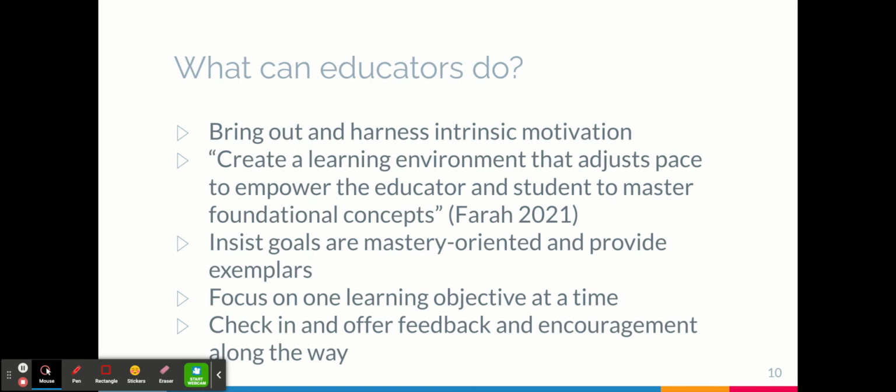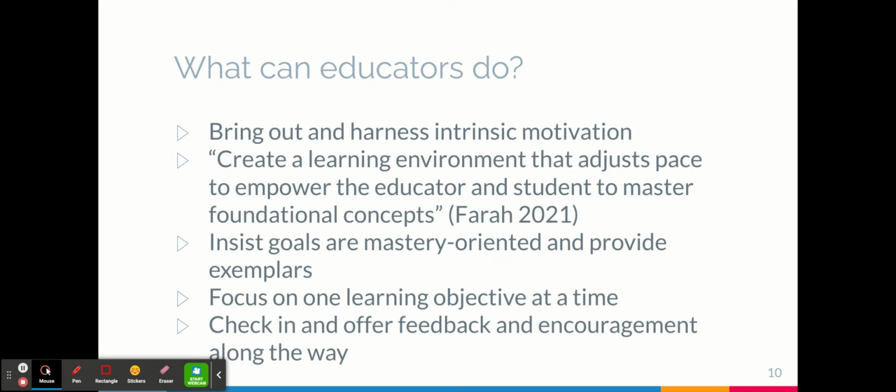We need to insist that goals are mastery oriented and provide exemplars of that. Focus on one learning objective at a time, especially when we're giving feedback. Because if we throw a whole bunch of different concepts at a student, what they're likely to do is just drop them all.